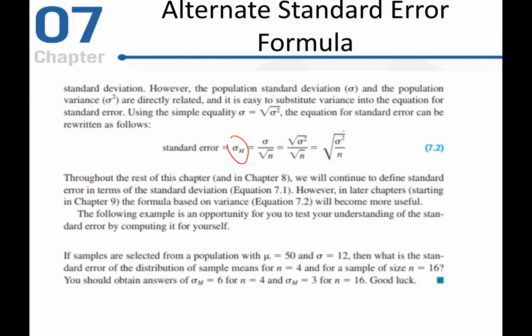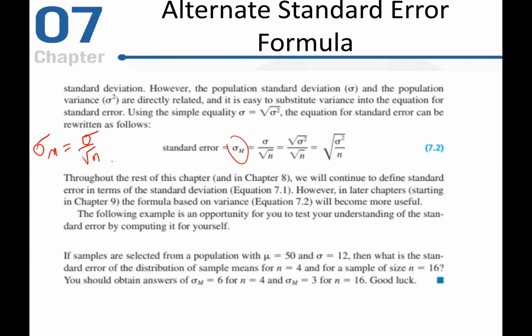Well, let's do the math on this. So they're basically asking us just to calculate the standard error. So we know the standard error that we're using right now is going to be the standard deviation divided by the square root of the sample size.